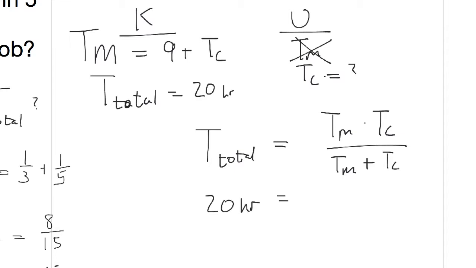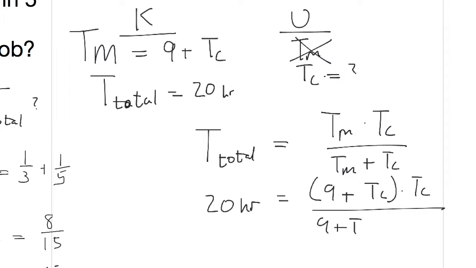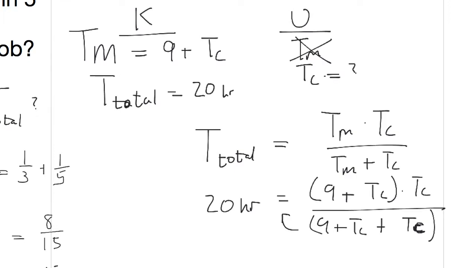That's going to be 20 hours is equal to 9 plus TC times TC over 9 plus TC plus TC. I'm going to multiply both sides by, this is a C by the way, this denominator to bring it over to the other side.